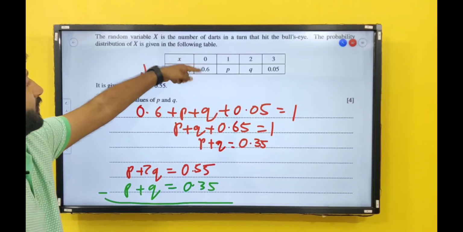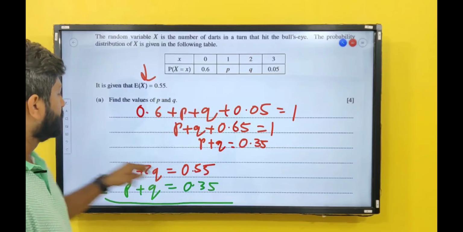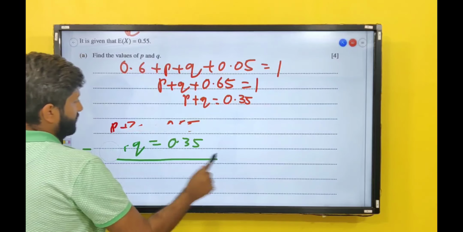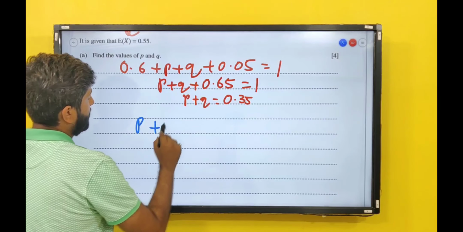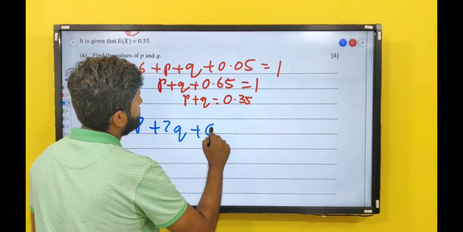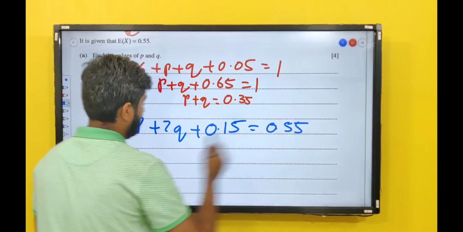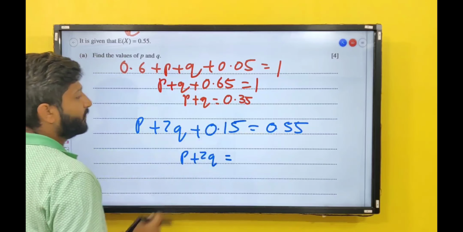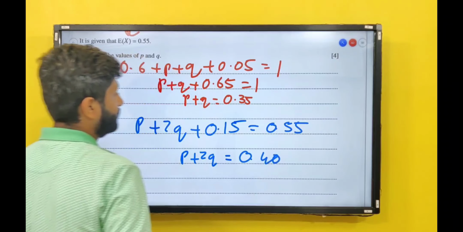Mean 0 into 0.6, which is 0, 1 into p plus 2 into q plus 3 into 0.05, so p plus 2q plus 0.15 is equals to 0.55. So I have p plus 2q is equals to 0.55 minus 0.15, which is 0.40.